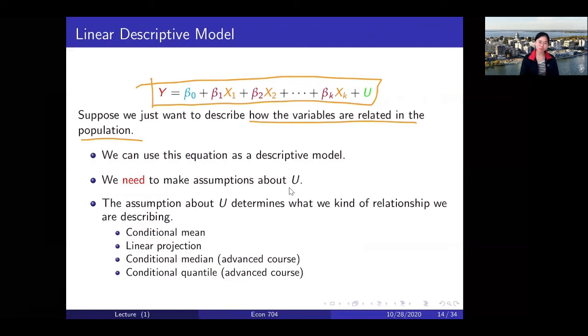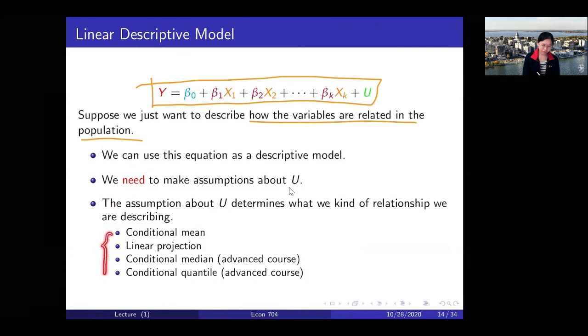What assumptions do we want to impose on the different components in the model? Now we need to make an assumption about the error term u. And the assumption about the error term u determines what kind of descriptive model we are talking about.